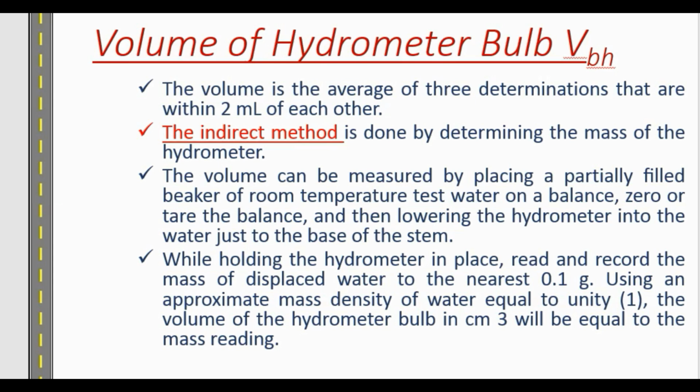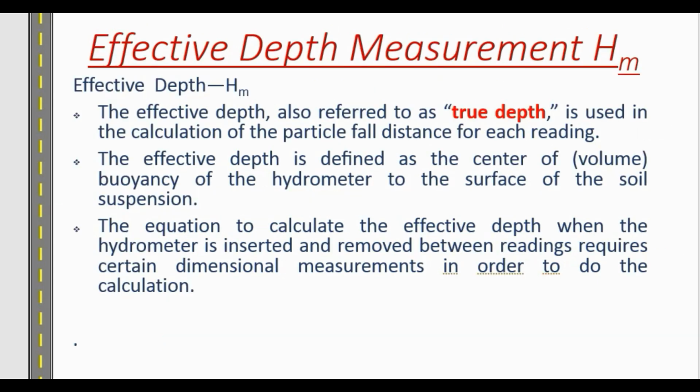Then we insert the hydrometer in the water up to the stem of the bulb and note the weight on the balance. This will be the weight of the hydrometer. Then, using the density of water, that is 1 gram per cubic centimeter, we can determine the volume of the hydrometer bulb according to the indirect method.